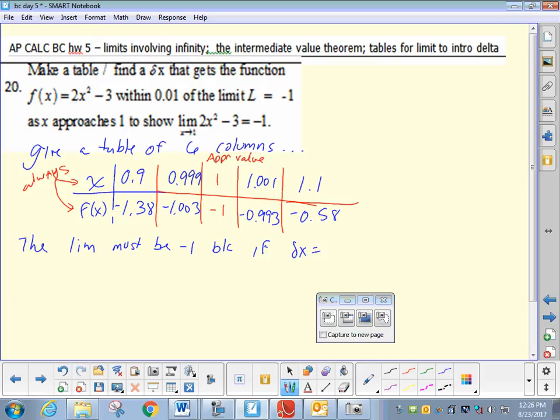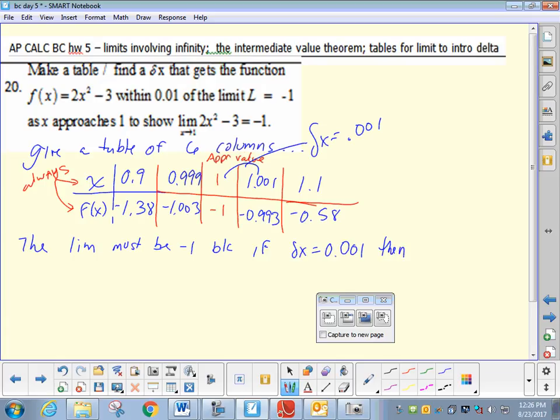It got me close enough. What's the delta x in here? Delta x that worked is 0.001. Now you could maybe have 0.003 work or something like that. I just go for powers of 10 by habit because it's most logical. But you might have something else. But that is enough to get me there.